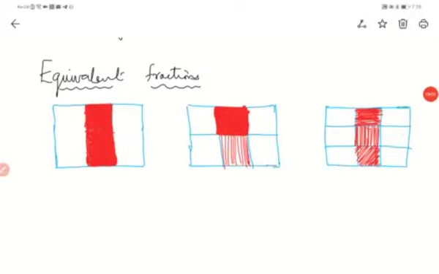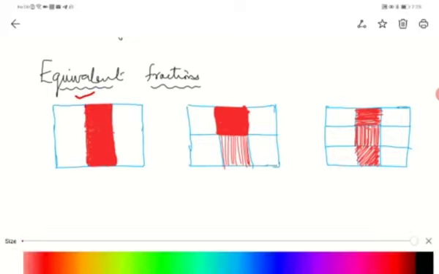Okay, today now let's see what equivalent fractions are. Now look at these pictures and first tell me what the first one represents. I mean, what is the fraction for this? It is divided into how many regions? 3 regions, isn't it?